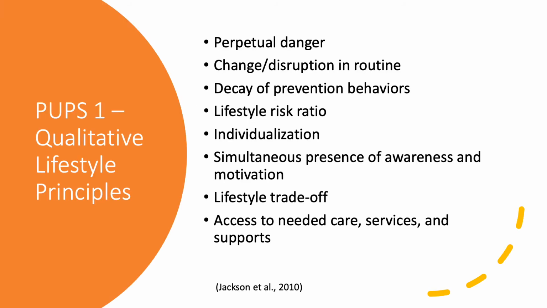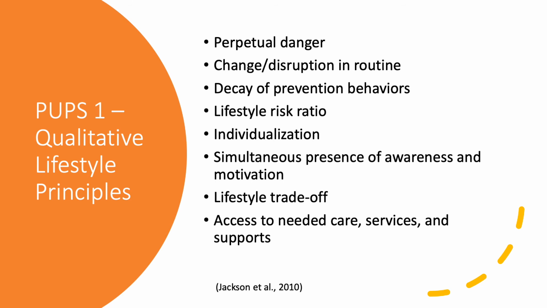And through that study, the research team was able to define a set of lifestyle principles that helped to explain when and how pressure ulcers developed. So things like changing a routine or having a disruption in one's routine would often put people at more risk for a pressure injury.